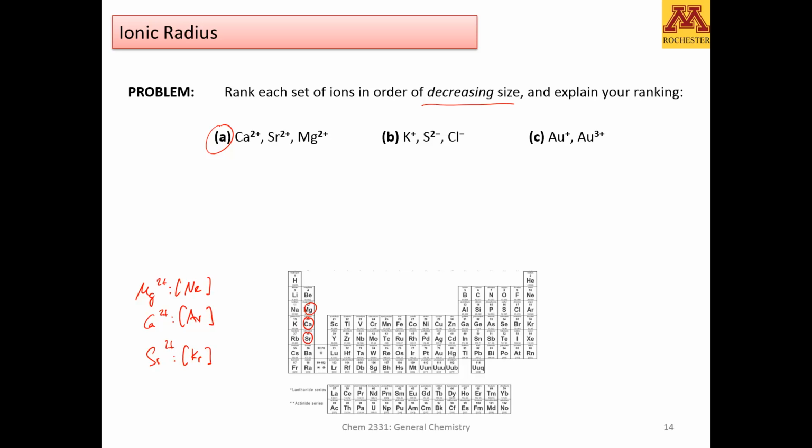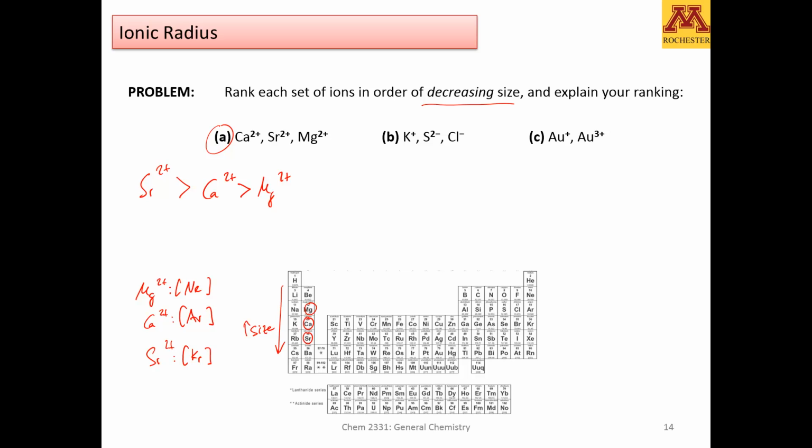We have removed the same number of electrons, so you can expect to see the same trend as you go down. The size increases, so calcium will be larger than magnesium, but smaller than strontium, just by their position on the periodic table.